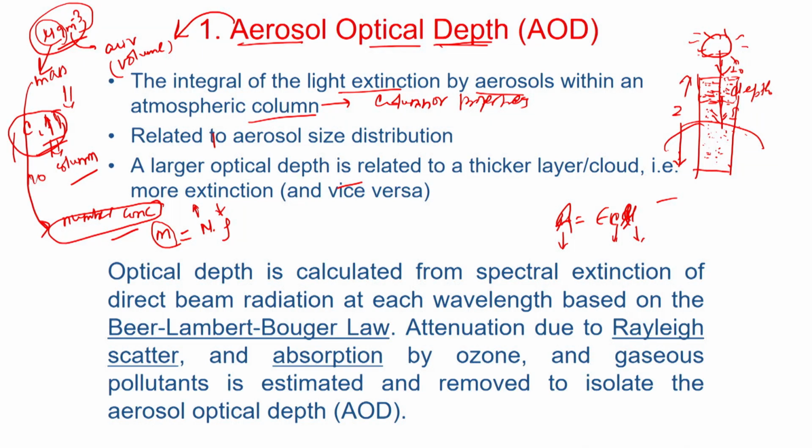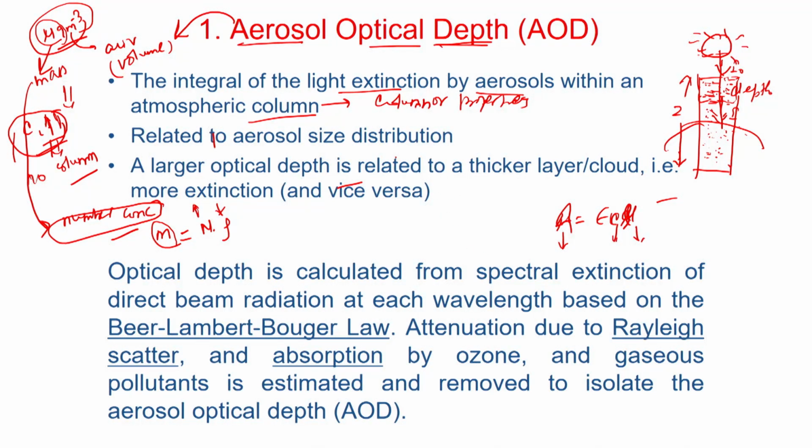Whereas during the evening hours, 5 to 6, when the sun is inclined to the earth's surface, less than 90 degrees, the radiation has to travel a larger distance. So at that time the scattering is more. This is one of the concepts that you should remember.